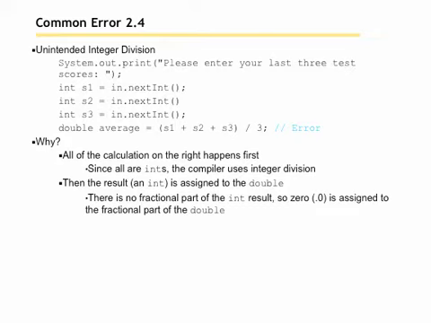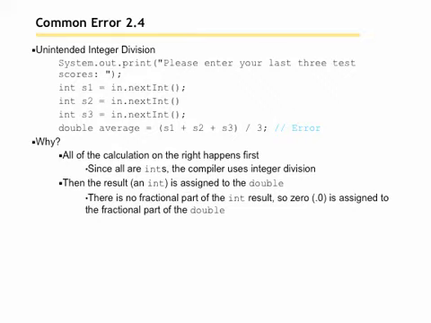It's a common error to have unintended integer division. So here they're showing some statements that we haven't gotten to yet, getting integers for s1, s2, and s3. But if we want to calculate the average of those three integers, s1, s2, and s3, and we add them together and then divide them by 3, we're not going to get the accurate average.